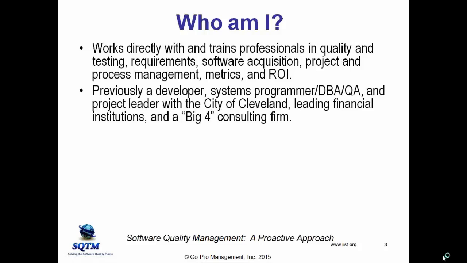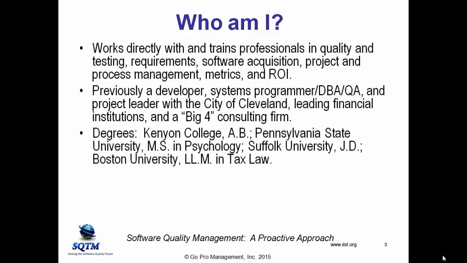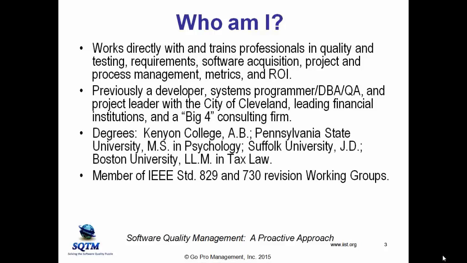Once upon a time, I had real jobs and spent a lot of time picking up a bunch of degrees. I've been a member of two IEEE standards working groups, one for IEEE Standard 829 for software test documentation, and the other just recently completed IEEE Standard 730 for software quality assurance.